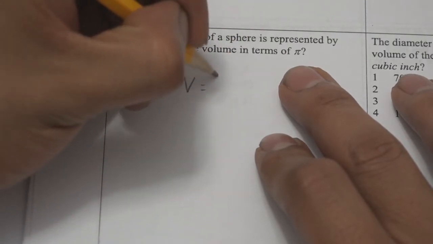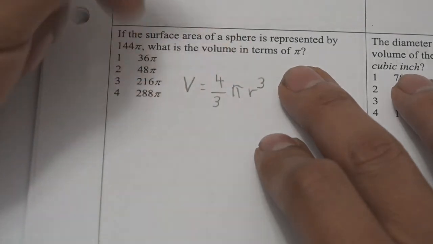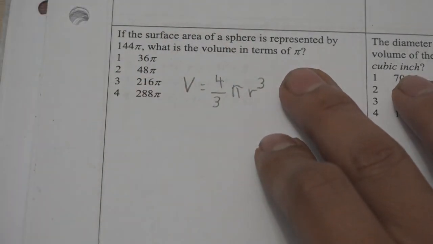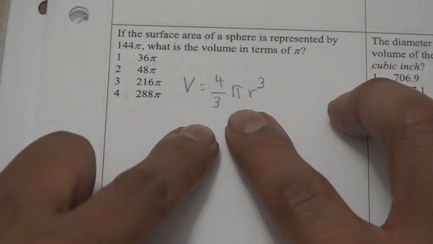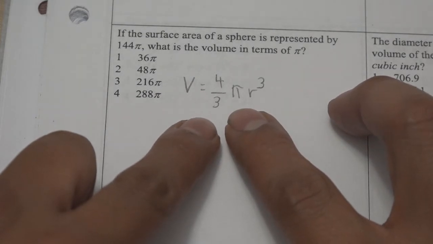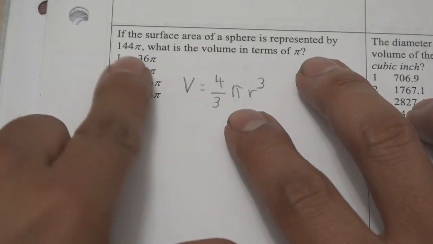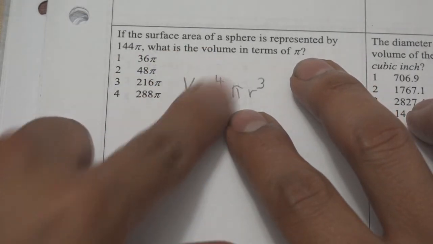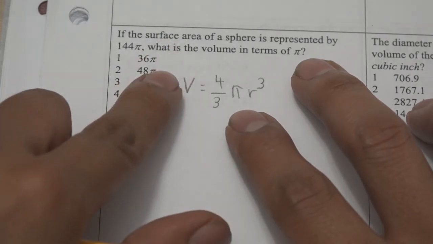So volume is 4/3 pi r to the third, and now I just substitute. Wait, something is not right. I have the surface area represented by this, but they want the volume. Oh gosh. Okay, let's figure out what the surface area is.